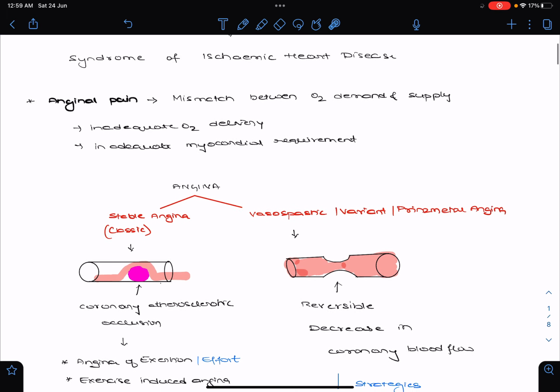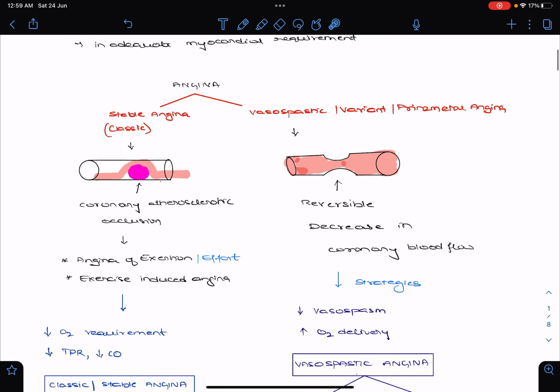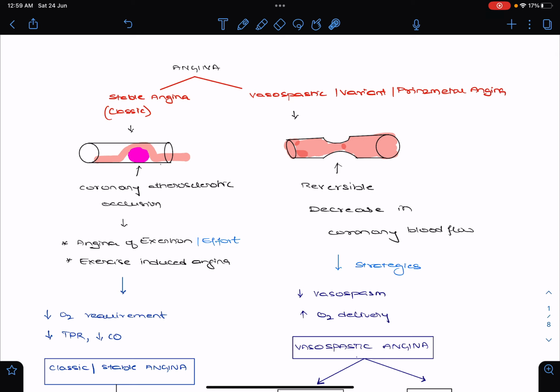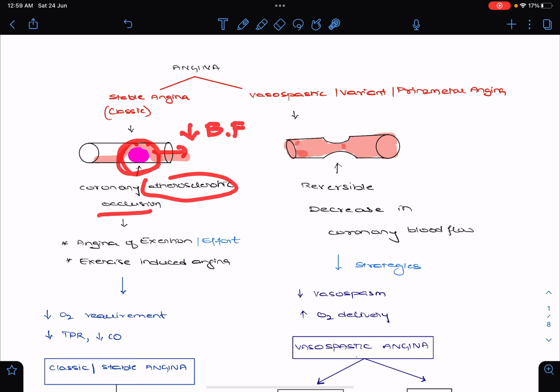Next we'll move on to the types of angina. Angina can be classified into stable angina, which is also called classical angina. What happens in case of classical angina? The coronary blood vessels will have an atherosclerotic occlusion, which reduces the blood flow.